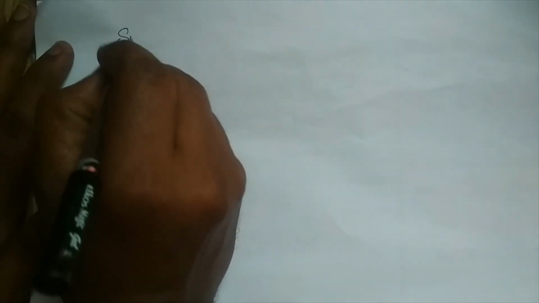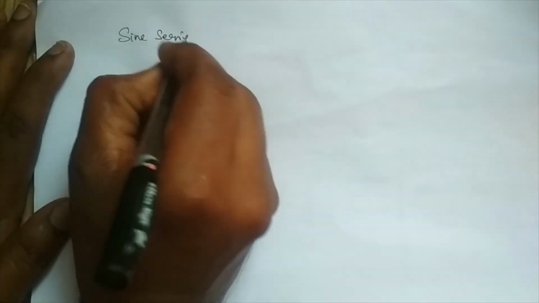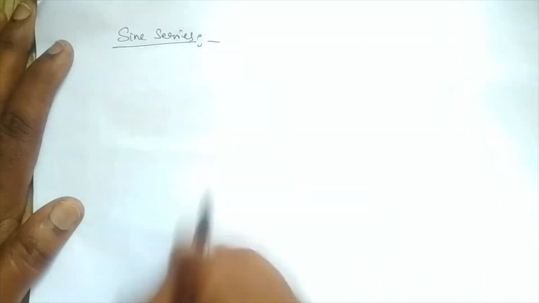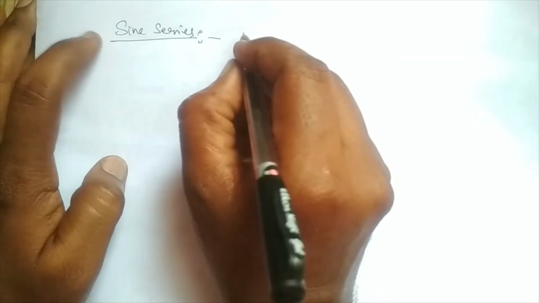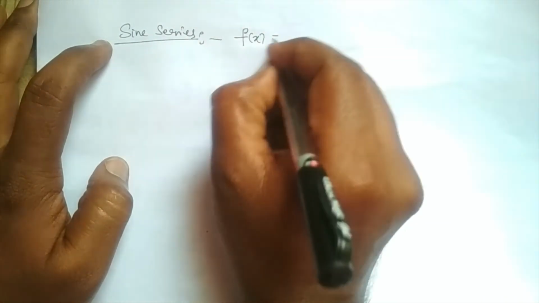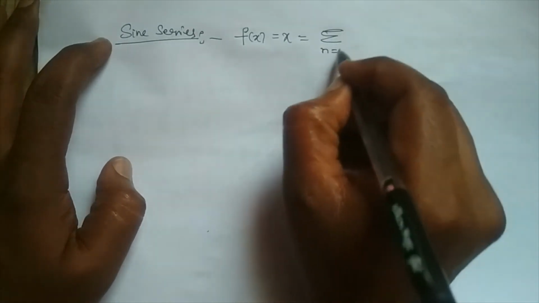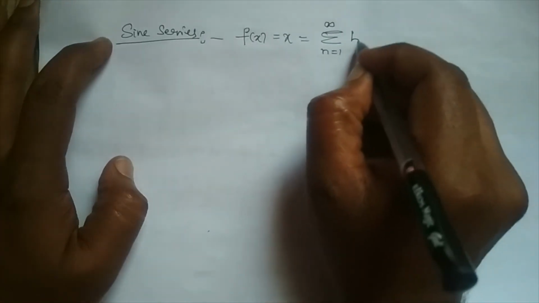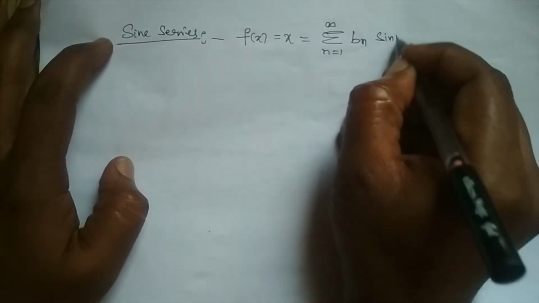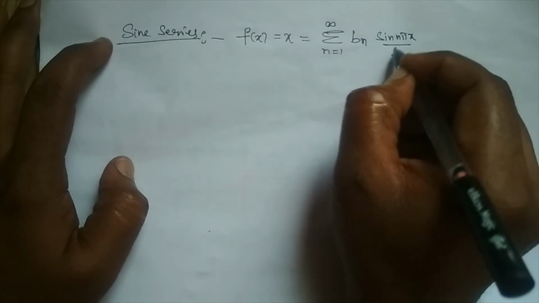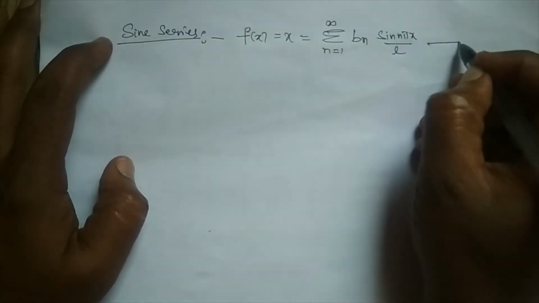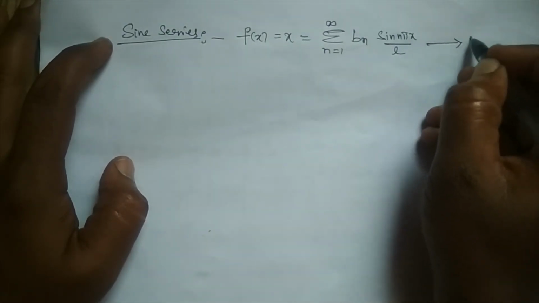Now the sine series. We are going to find the sine series for the same function in the interval 0 to L. What is the formula for the sine series? f of x is equal to summation n is equal to 1 to infinity b_n sin n pi x by L, which is called equation number 1 for this model.